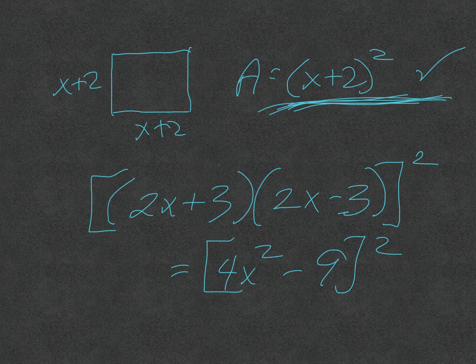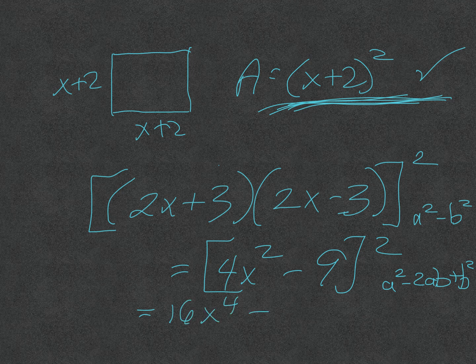Now it's a difference squared. So the formula is a squared minus 2ab plus b squared. Whereas here I used a squared minus b squared to do the inside. So now I'm going to square this difference, and so I want to square the 4x squared, so that becomes 4x squared times 4x squared, or 16x to the fourth.